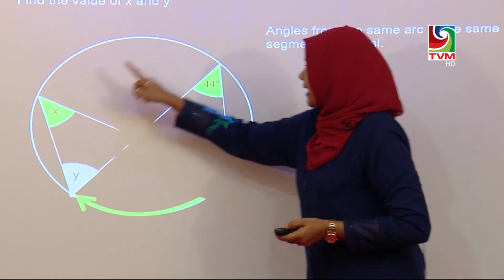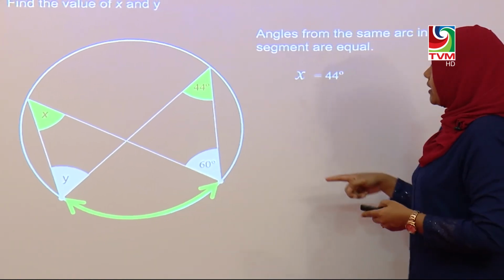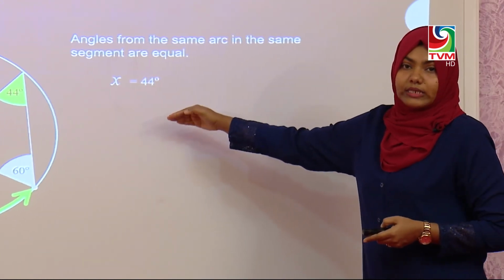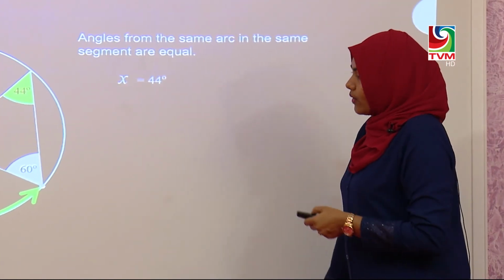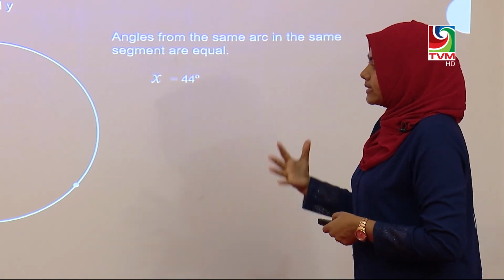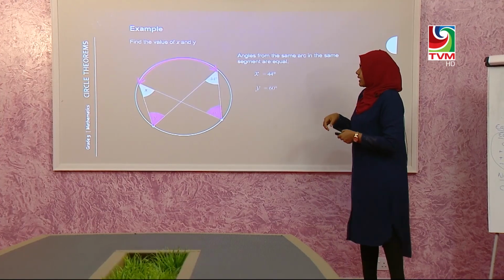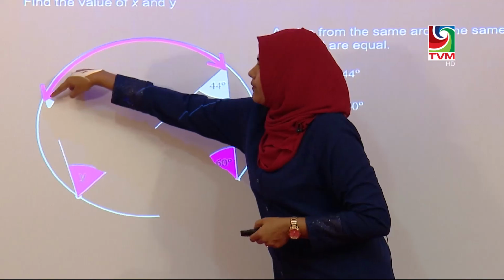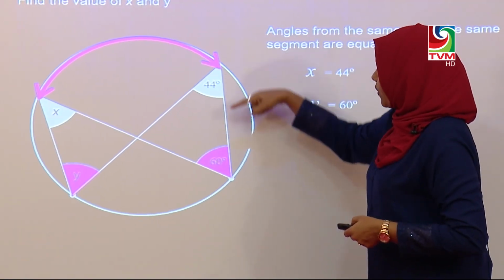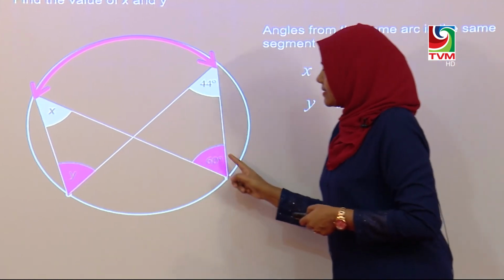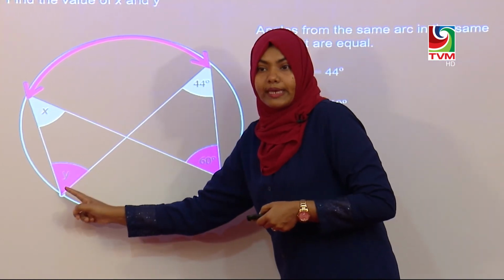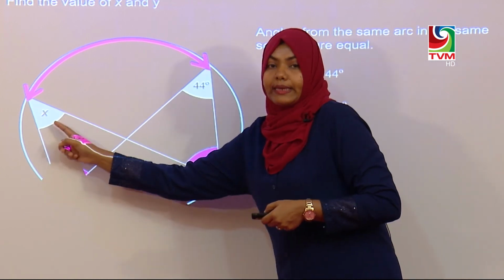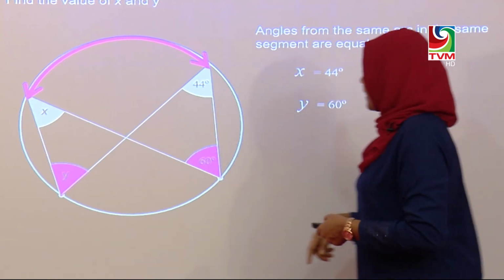Therefore, x and 44 will be equal, so x is equal to 44. For y you have to identify from which arc the angle is forming. From this arc, it is forming y and 60. Therefore, y will be equal to 60, and x will be equal to 44.